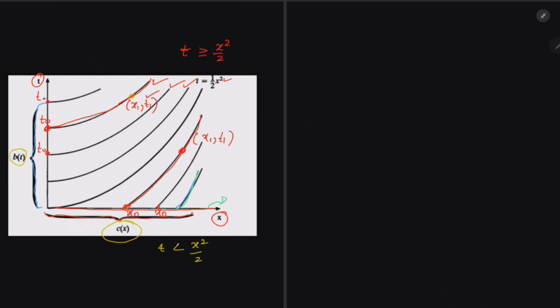So the solution: since we know that u at x1, t1 equals u at 0, t naught, which equals b of t naught.